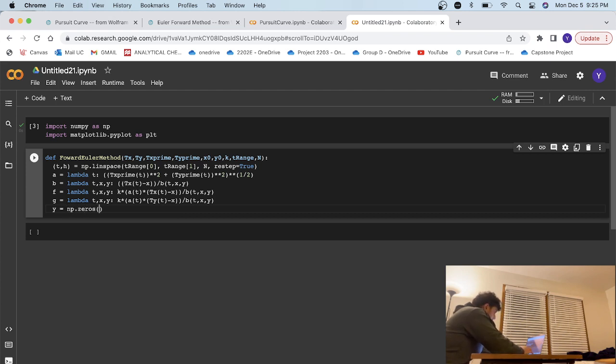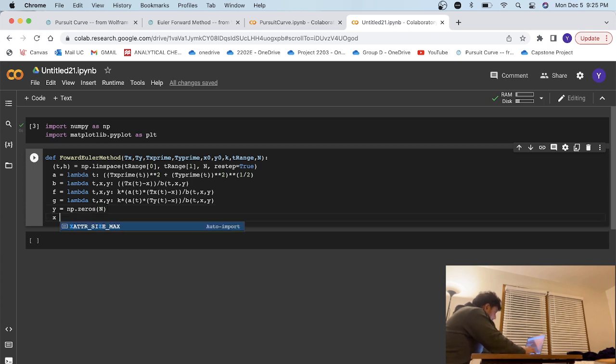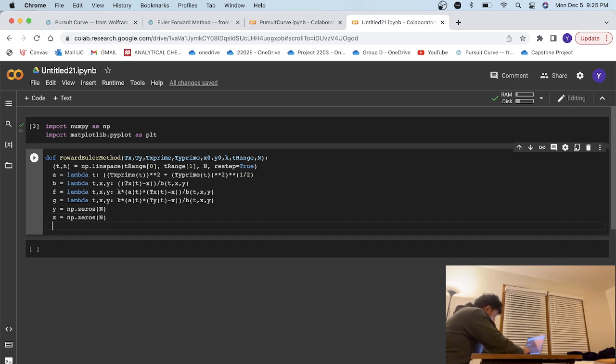So now we're going to define y, np.zeros. We're going to need to store this in the y. We're going to define x. We're going to say np.zeros(n). Store it there. We're going to say x of 0, the first element, is 0. Start position.